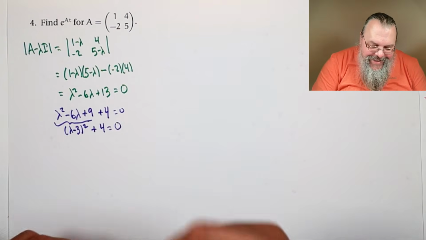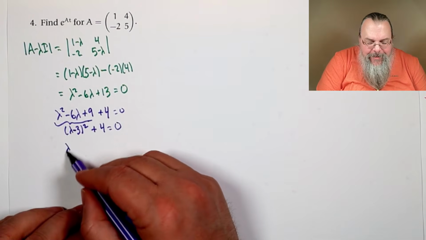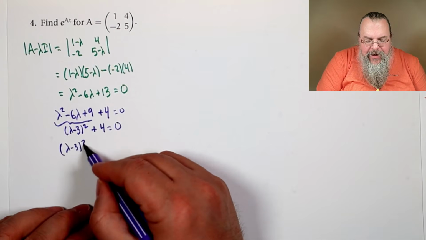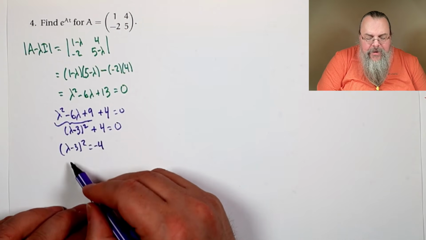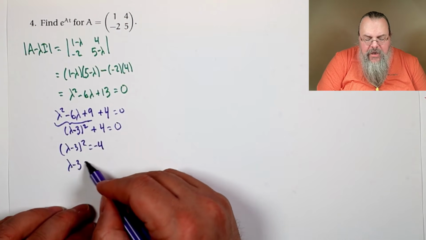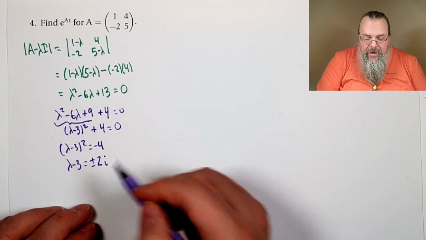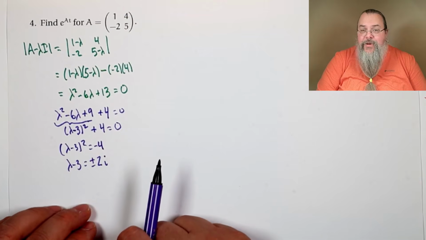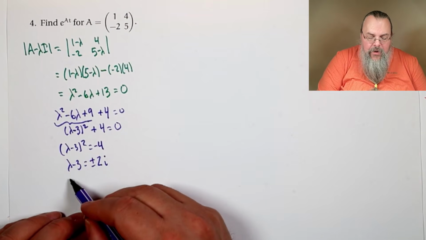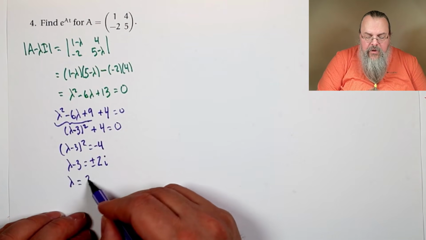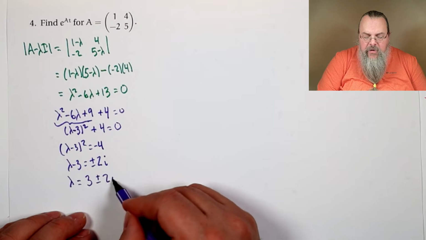All right. Finishing up, we have lambda minus 3 squared is negative 4, which means that lambda minus 3 had to be plus or minus 2i. The i because of the negative when we take the square root. Or lambda equals 3 plus or minus 2i.